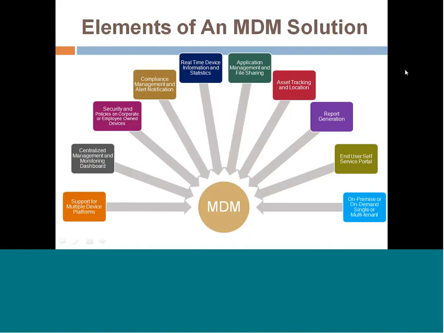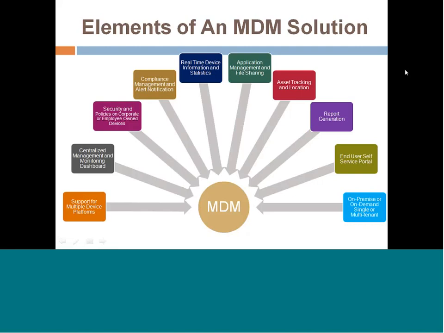Real-time device information and statistics. This is where we really create some visible information that's typically invisible to you. If you're on GroupWise today and connect a device into the Data Synchronizer, you really can't see a lot of information about that device. It's a mechanism to connect you to your email and PIM synchronization.